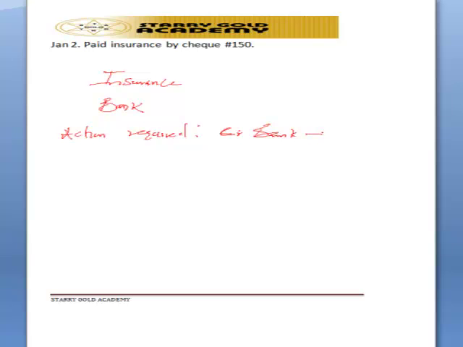Because the bank is the giver. And debit insurance, because insurance here is the receiving account or the receiver. Then what is the effect of this on the financial statements? As we are crediting bank, remember bank is an asset.